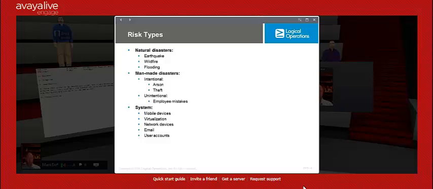So the point is, you've got different types of risks: natural disasters, man-made disasters. Those are generally pretty easy to figure out. There's intentional things. I mean, employees steal stuff, and insurance fraudsters will set buildings on fire, those kind of things.